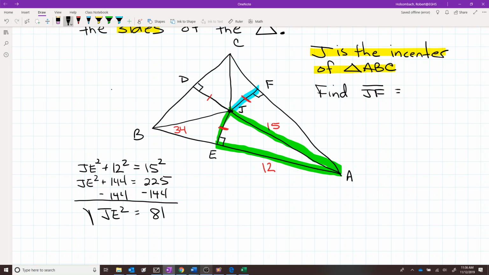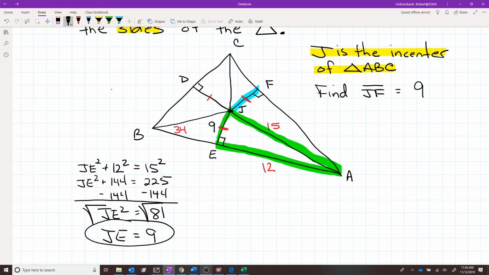And if you square root both sides of that equation, then JE is going to equal 9. And since J to E is equal to 9, and it's congruent to JF, then JF is also equal to 9.